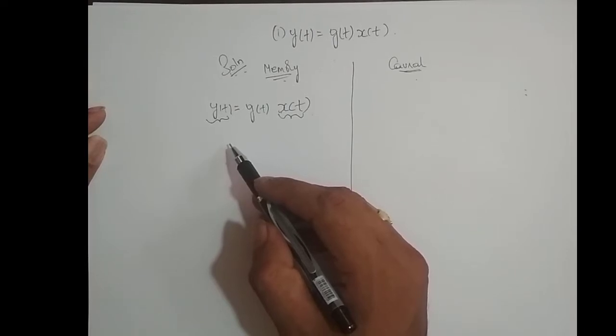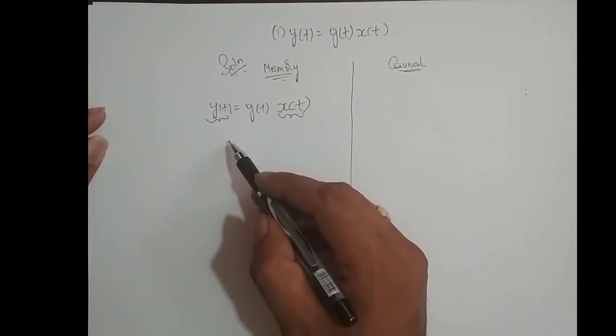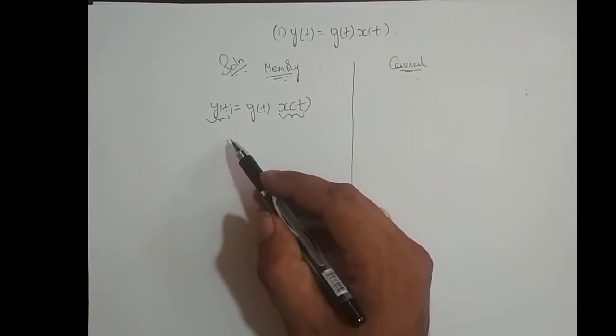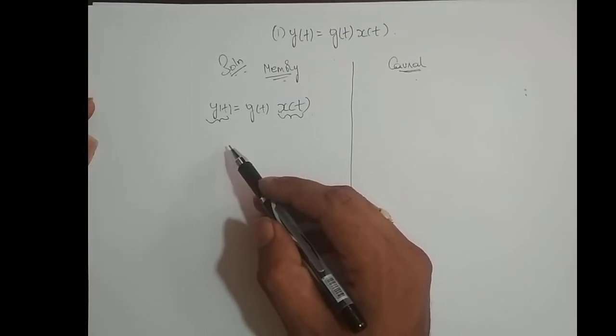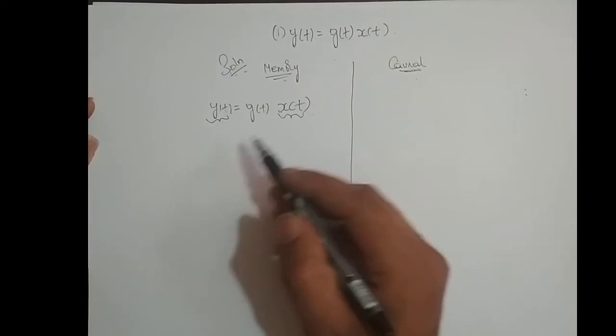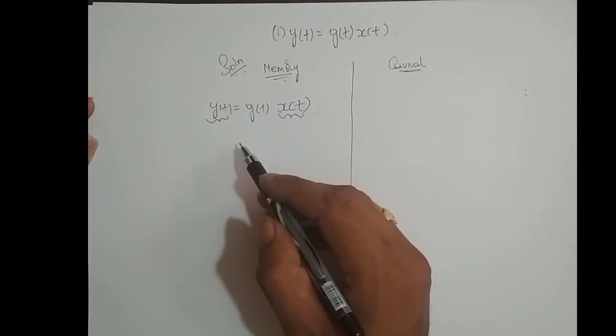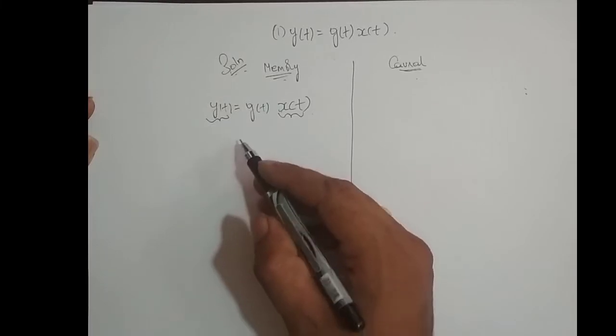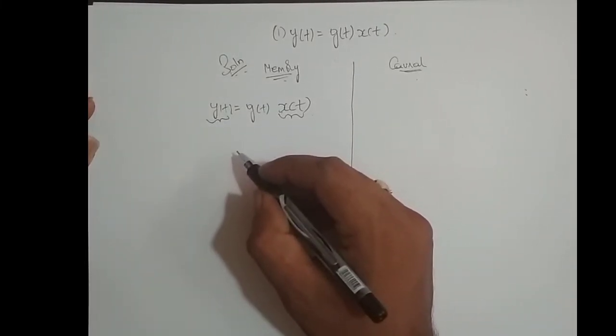Now when do we call a system has memory? We call that system has memory when its output y of t depends upon past or future value of the input x of t. I repeat again, when its output y of t depends on past or future value of input x of t, then the system is called as it has memory.